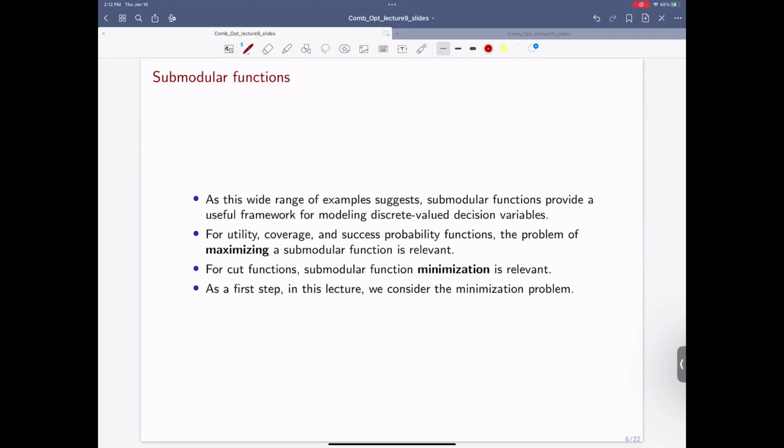And for cut functions, as max flow min cut suggests, I want to decrease the number of edges that are crossing the partition. So in that case, minimizing a submodular function is more relevant. So for this lecture, I'm going to discuss this minimization problem, and the next lecture we'll talk about the maximization problem.